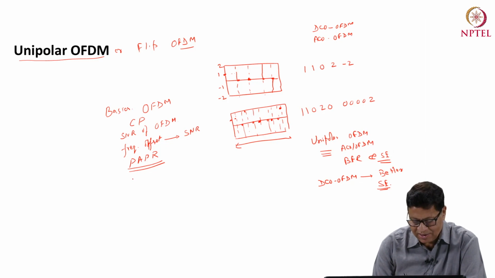And under these two categories, we discussed DCO-OFDM and we discussed ACO-OFDM, and we did not discuss in detail the unipolar, but the analysis is similar to what we have done for DCO-OFDM or ACO-OFDM.